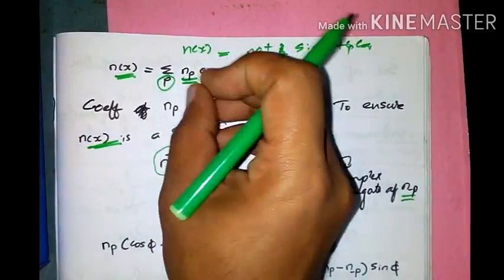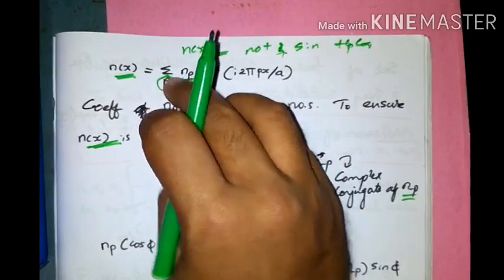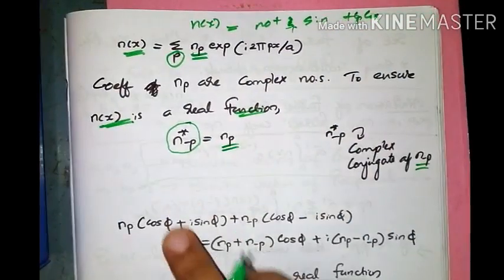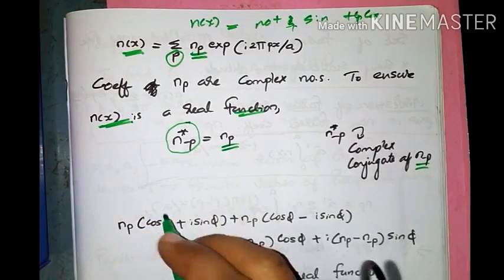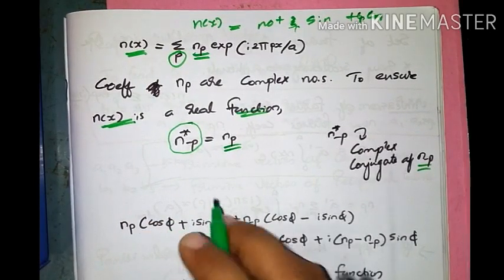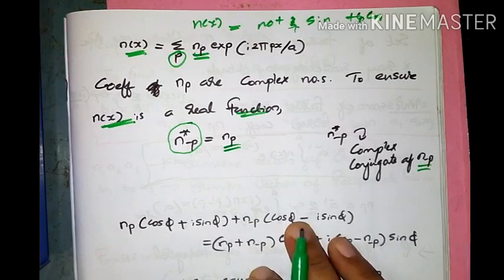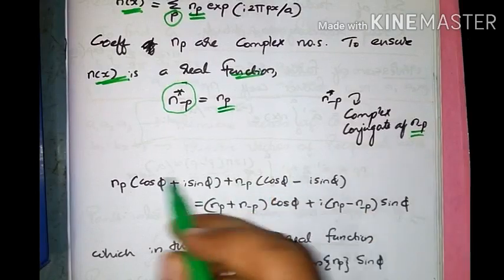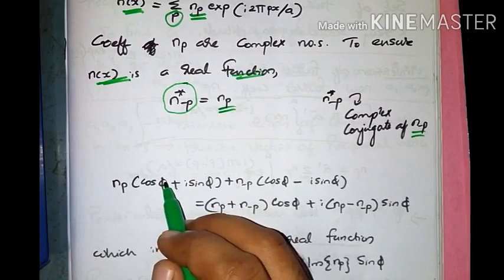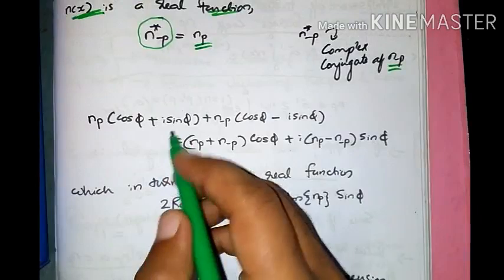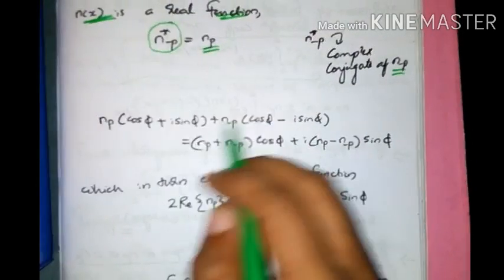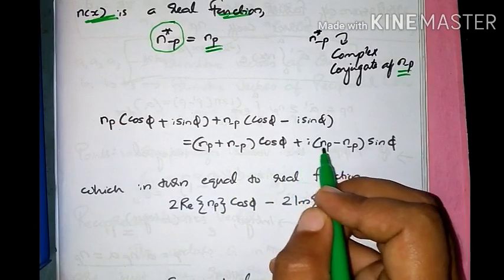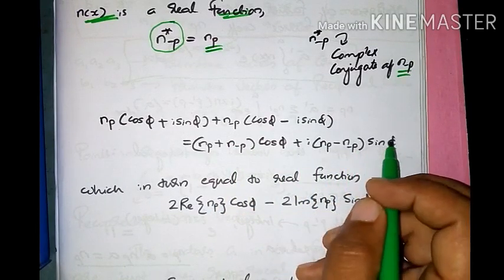So now we are trying to unpack the positive integer terms and the negative integer terms, and we are rewriting this equation as this: np cos phi plus i sin phi, plus n minus p cos phi minus i sin phi, equal to, now clubbing the cos phi terms together, np plus n minus p times cos phi, plus i times np minus n minus p times sin phi.